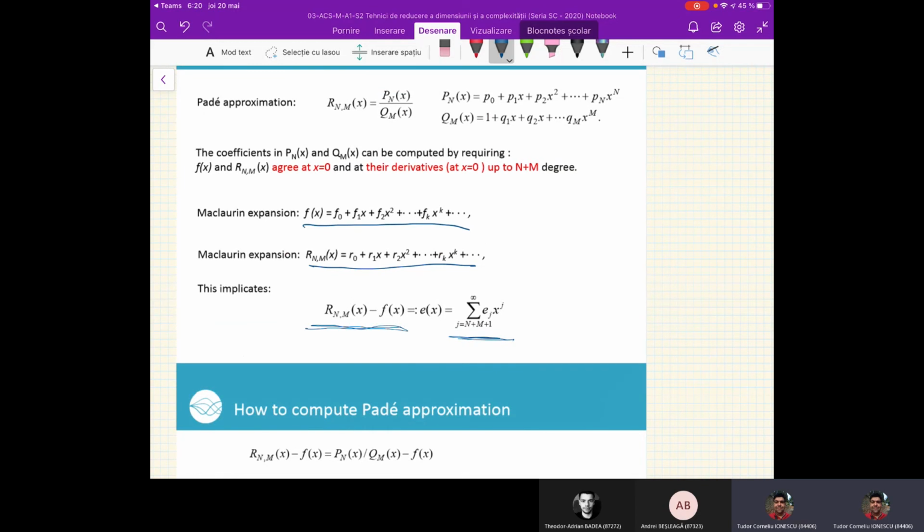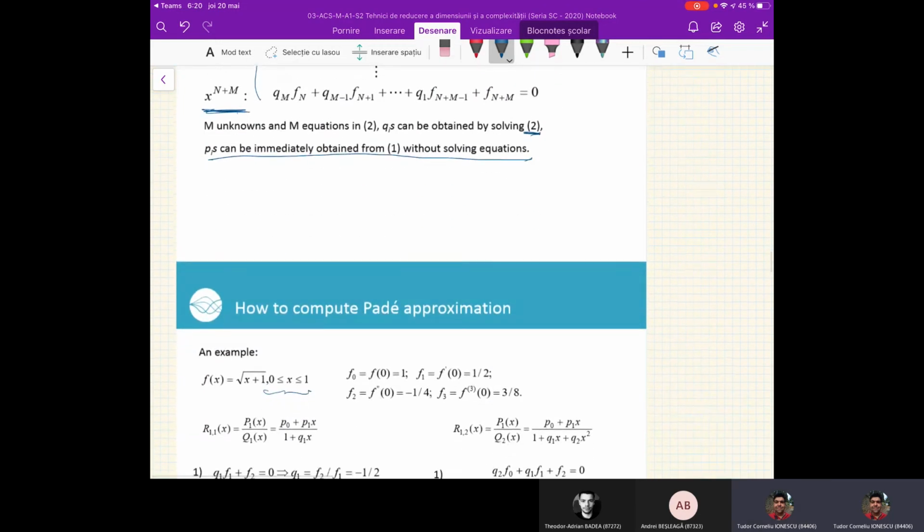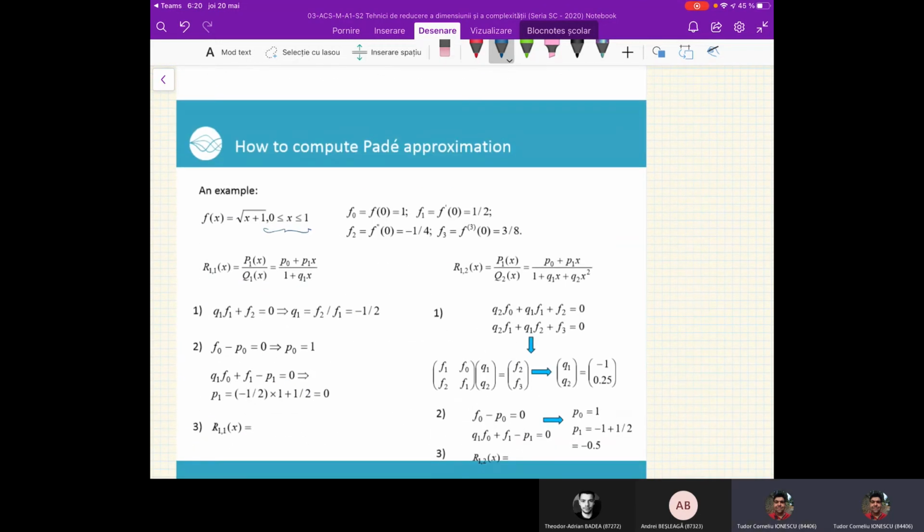This is the data from f. It's easy to compute these coefficients because you get the data from the function. You do the Taylor series expansion and that's it.